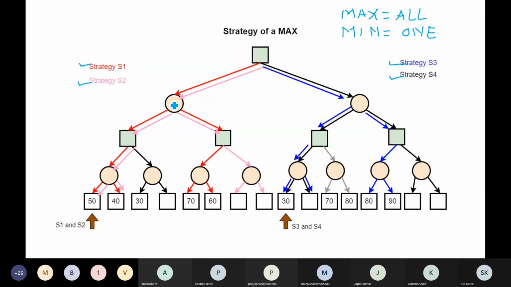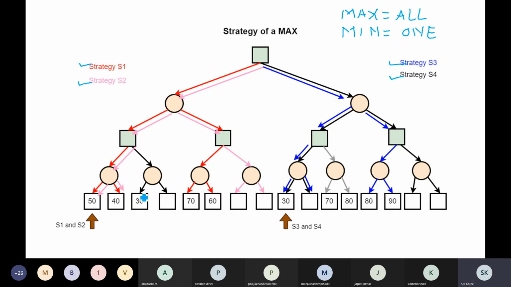So suppose this one is selected, all and one at min. So 50 will be a part of two strategies S1 and S2. Then the next node for S3 and S4, 30. 30 will be a part of S3 and S4. Okay.